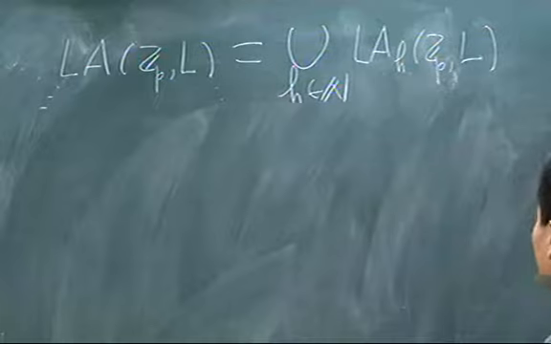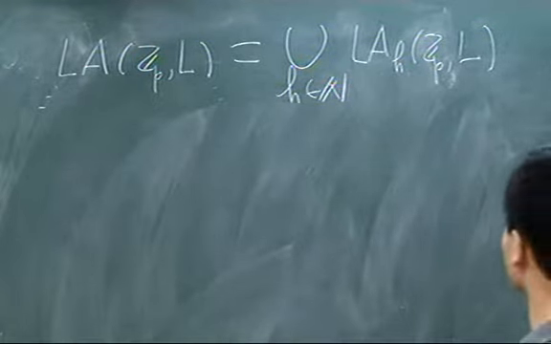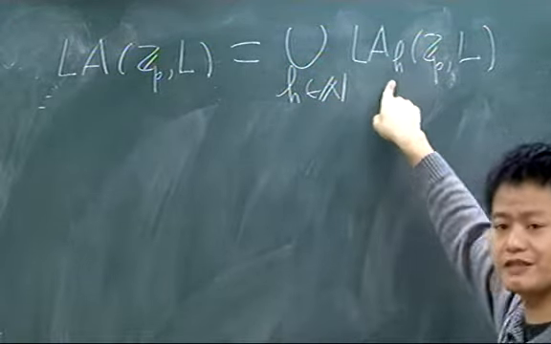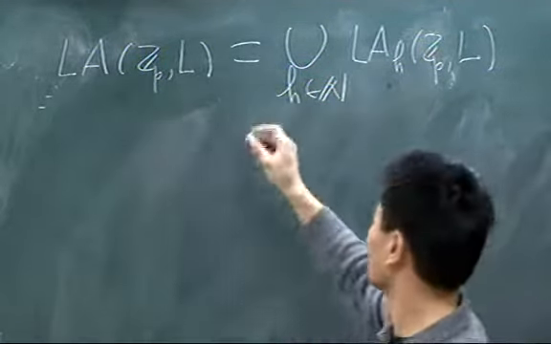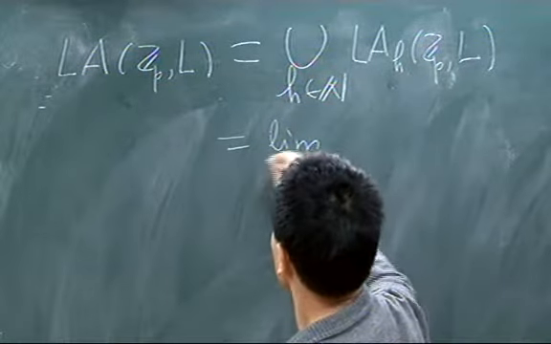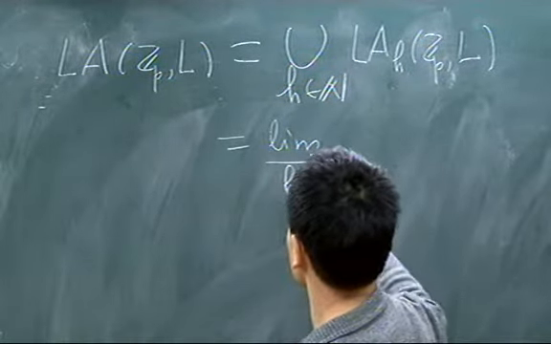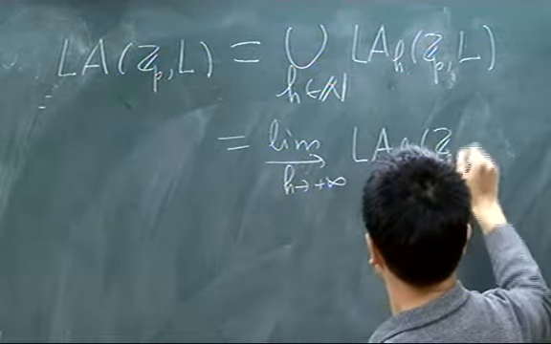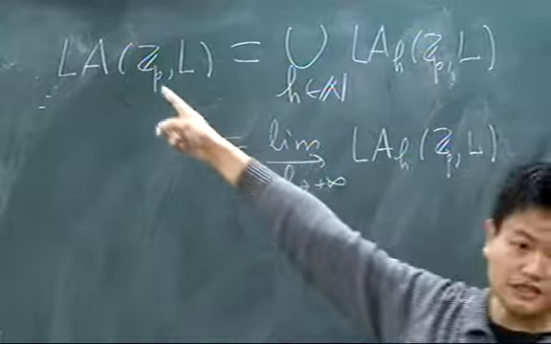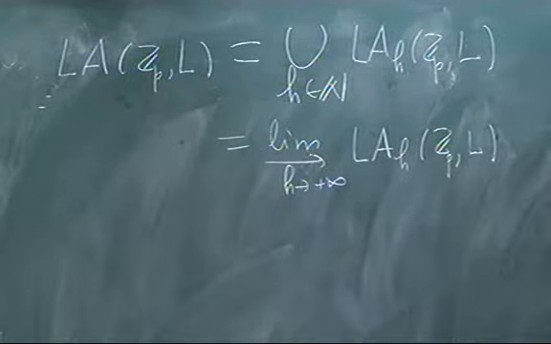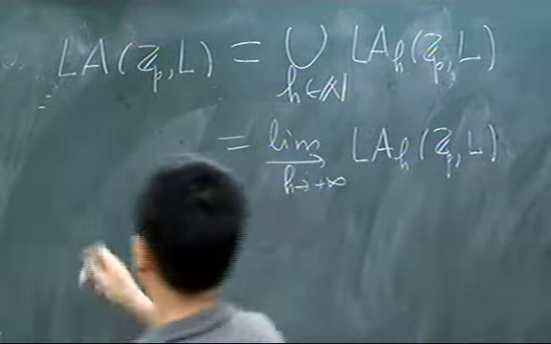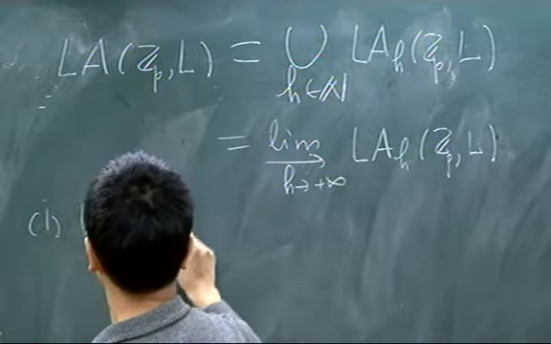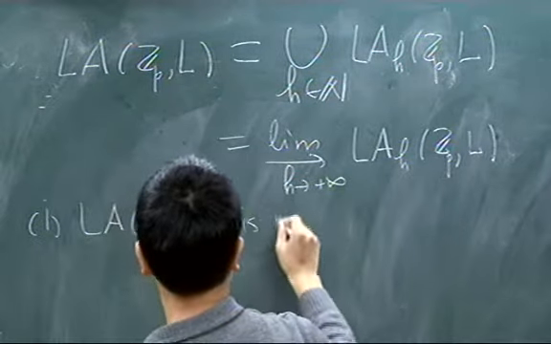For every H, this is a Banach space, but this is a direct limit, H goes to infinity. So this is not a Banach space. So first thing is, LA ZPL is not Banach.